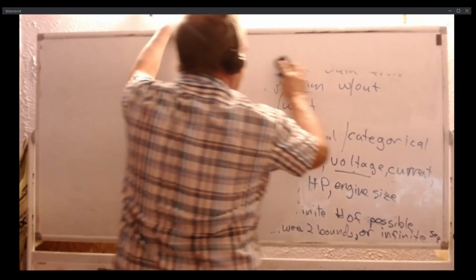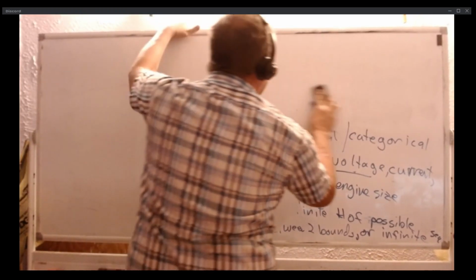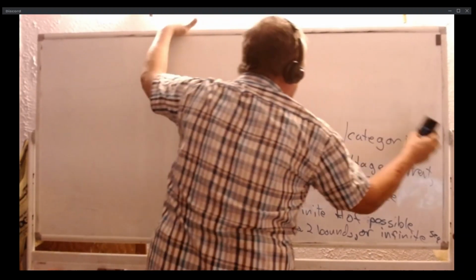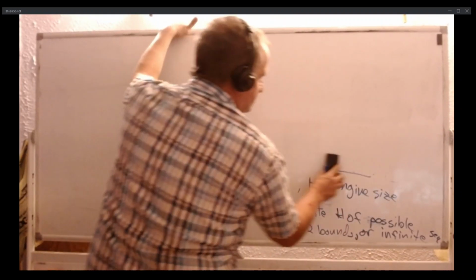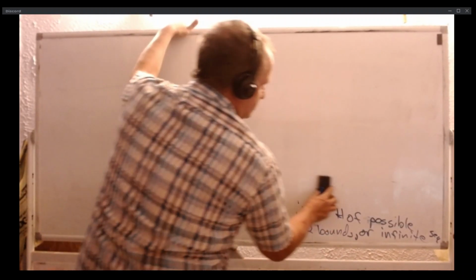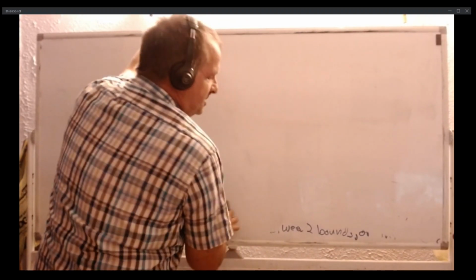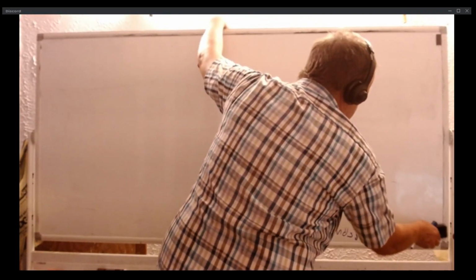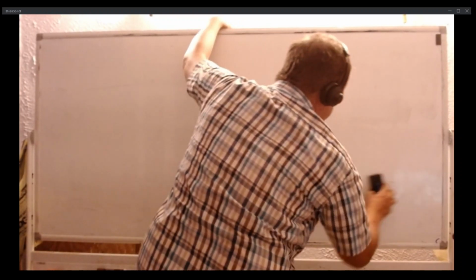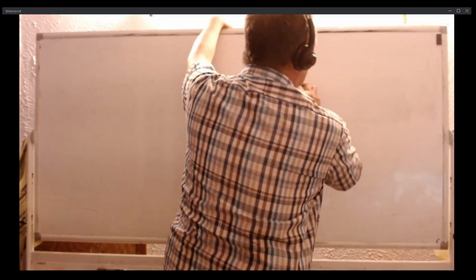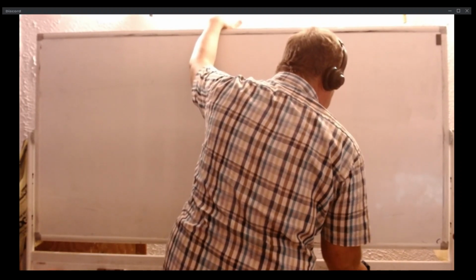If I ask you what the temperature outside is, temperature is clearly continuous, right? Well, what are you going to tell me? Oh, the temperature is 85 degrees. It's really sticky outside. Oh, you just gave me a discrete value, did you not?